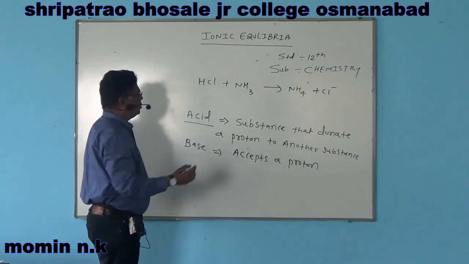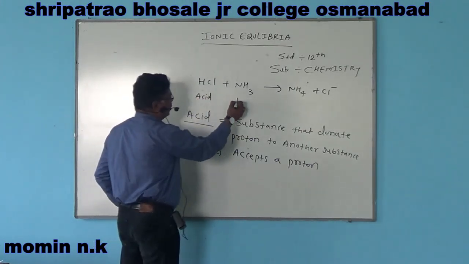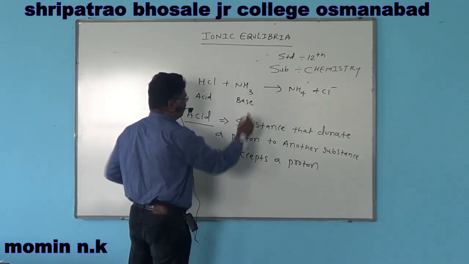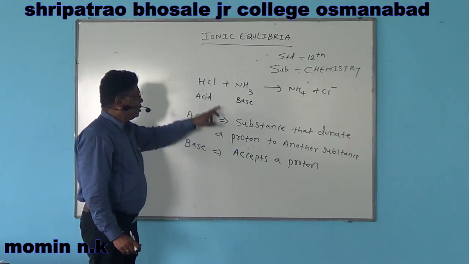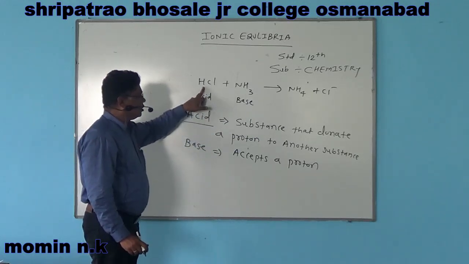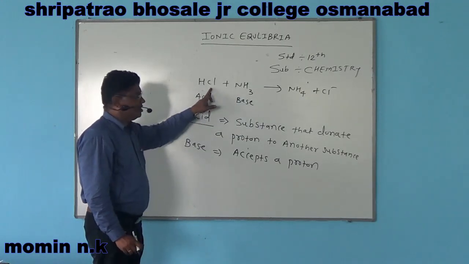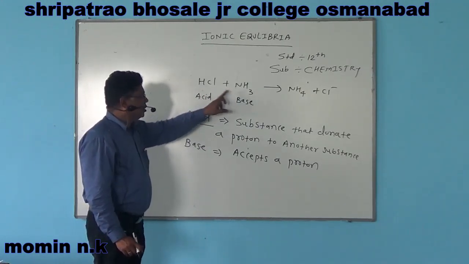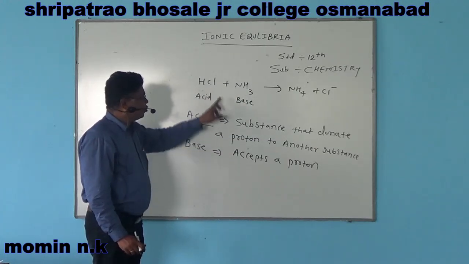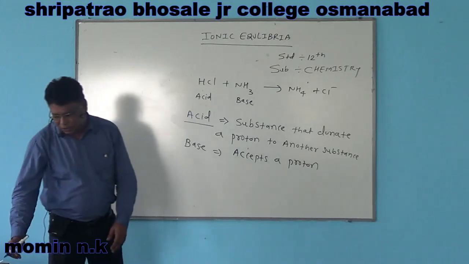In this reaction, HCl is called acid while NH3 is called base. According to the definition, here a proton, that is hydrogen, is donated to NH3. That's why HCl is called acid. And ammonia accepts a proton from HCl. That's why it is called base.